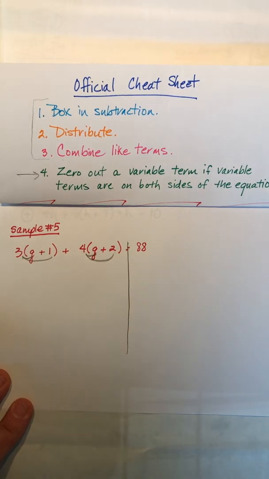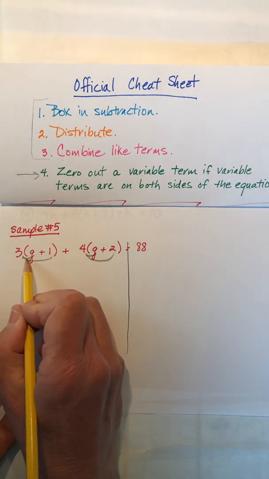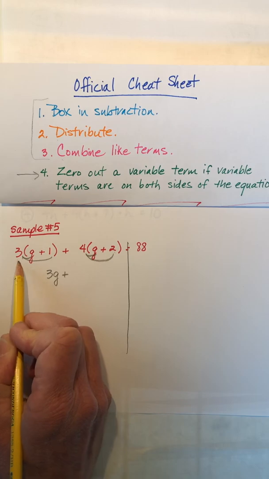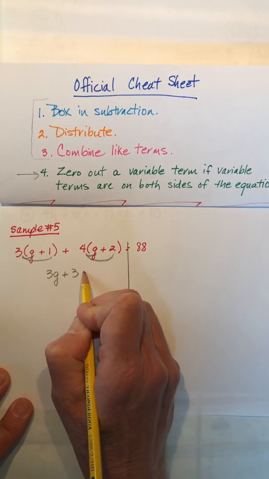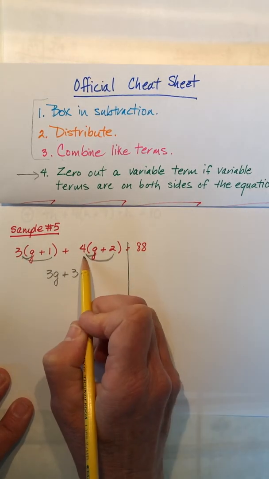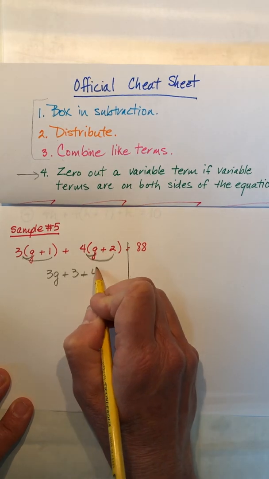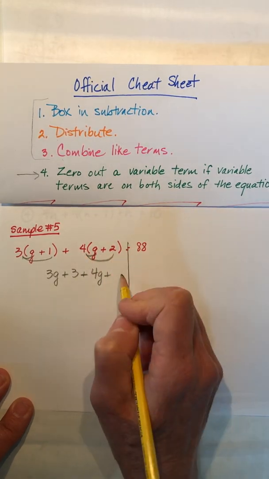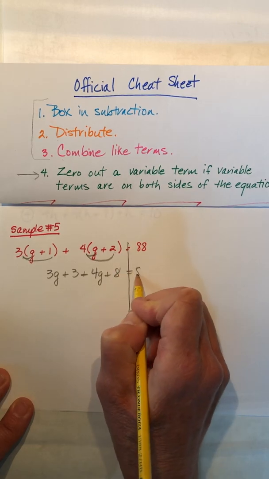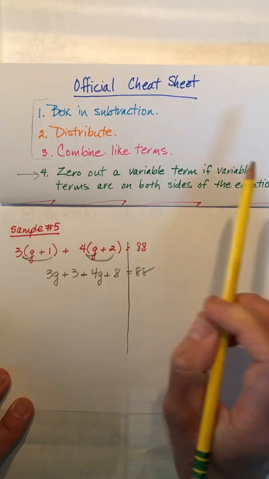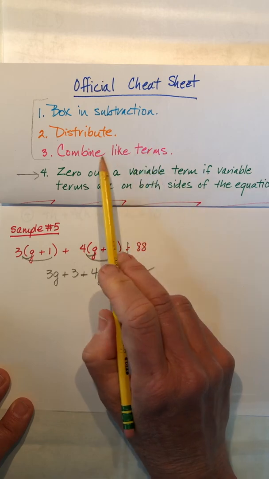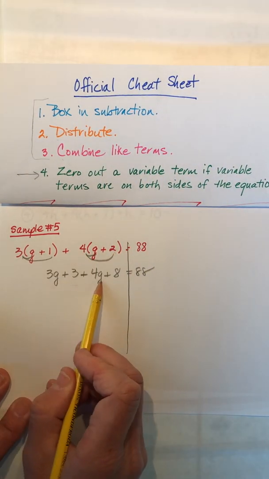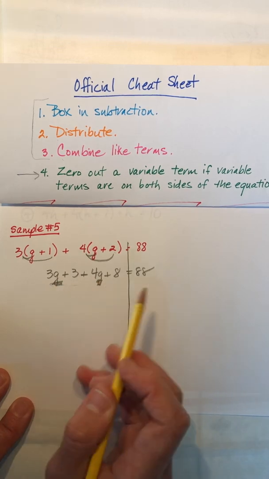So let's see what we have when we distribute. So 3 times g is 3g plus 3 times 1 is 3 plus 4 times g is 4g plus 4 times 2 is 8. Great, we did our distributing. We're ready to combine like terms now. So let's see. I have 3g and 4g.